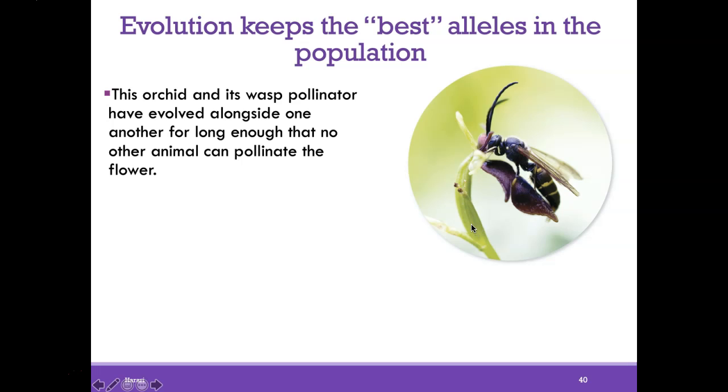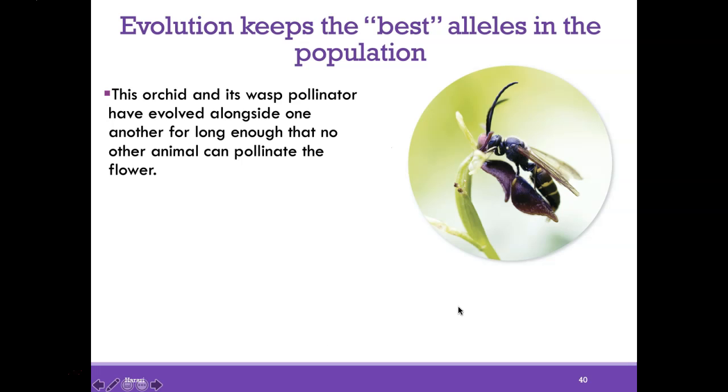So the flower makes a scent molecule that mimics a female wasp. So the male wasps are attracted to the scent of the flower, and the male wasp will then enter the flower, and some of the pollen from the orchid sticks to the male's body. So the insect will then go to another orchid because it's attracted to it, and will then transfer the pollen from its body to another orchid.